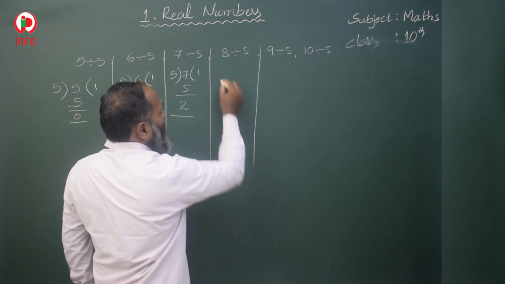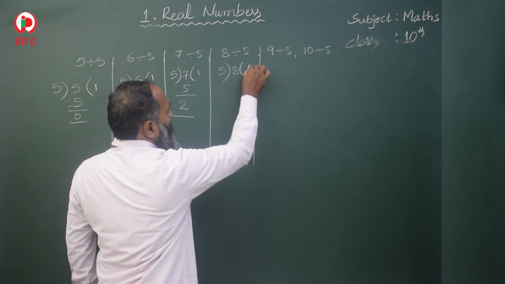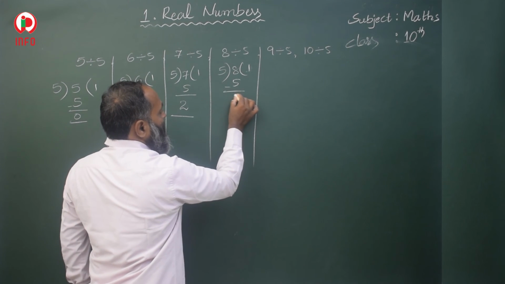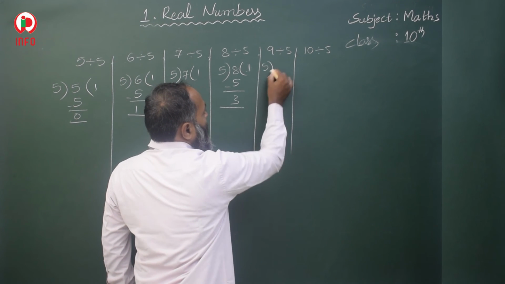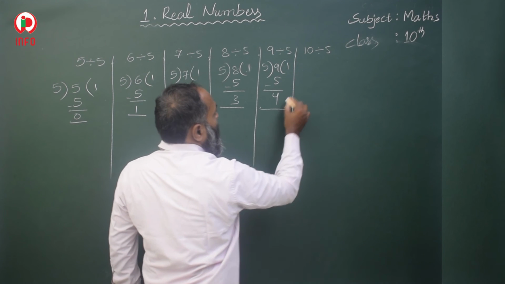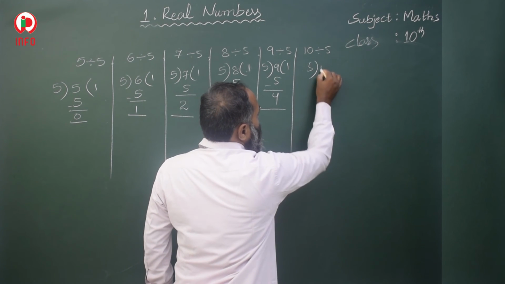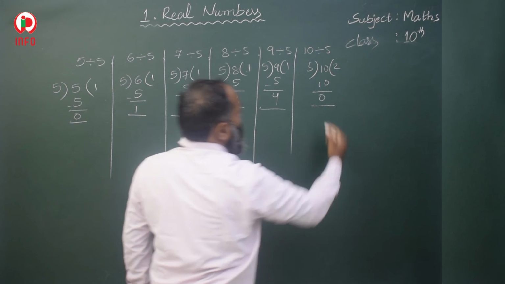If 5 divides 8, the remainder is 3. If 5 divides 9, the remainder is 4. If 5 divides 10, then 5 twos are 10, remainder 0.